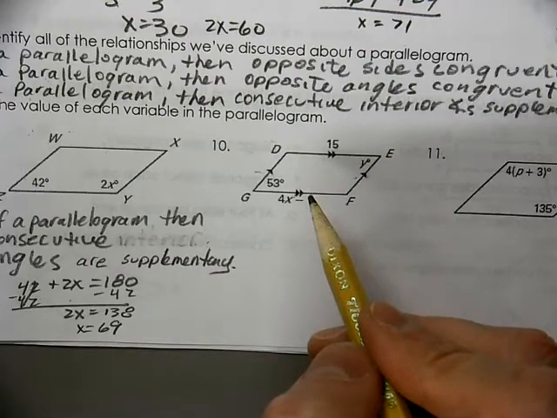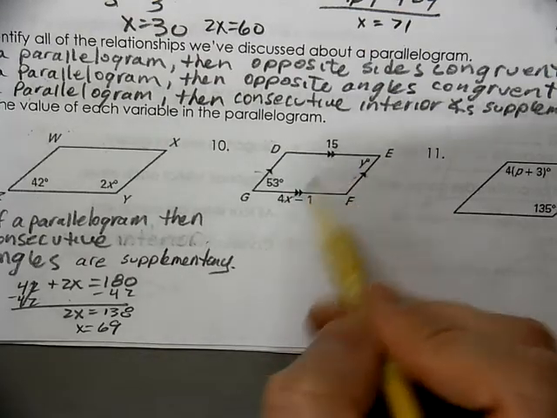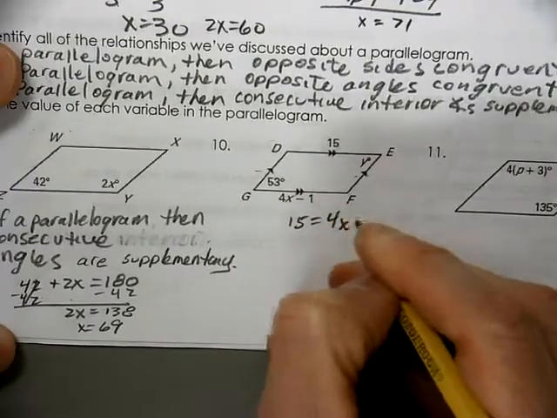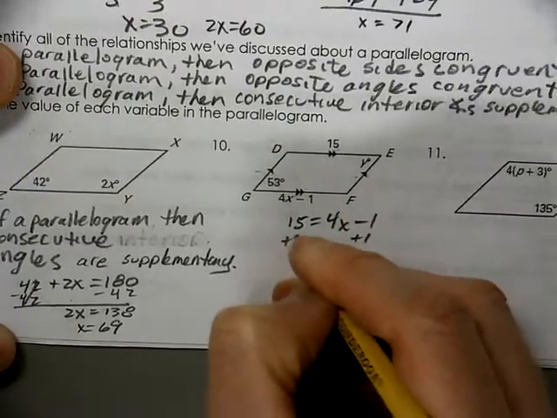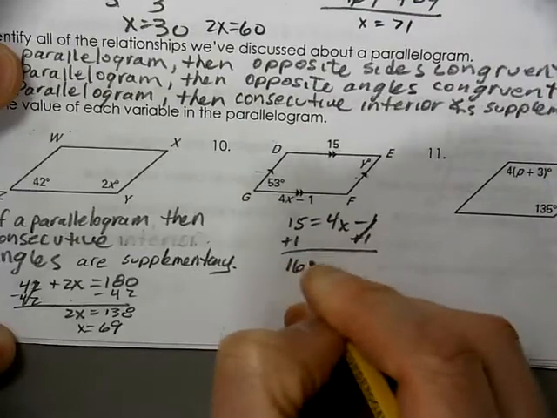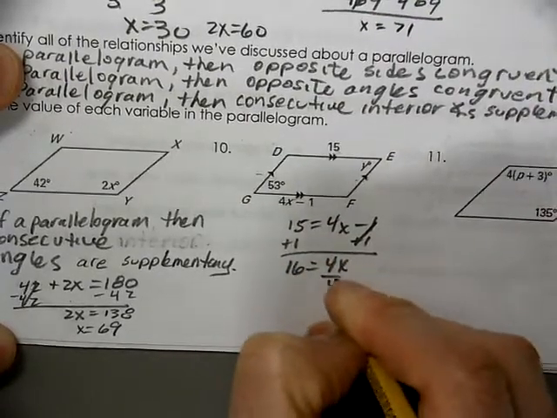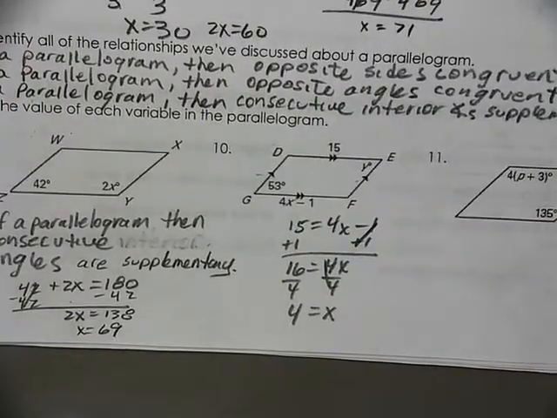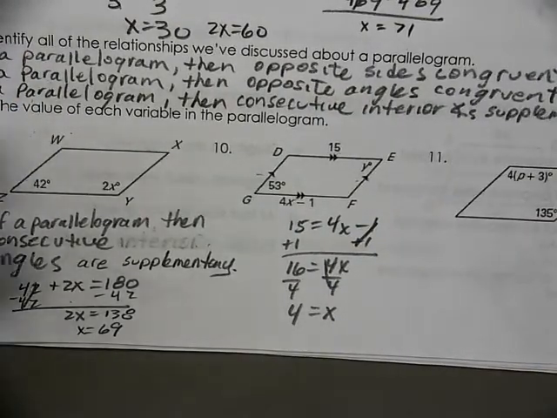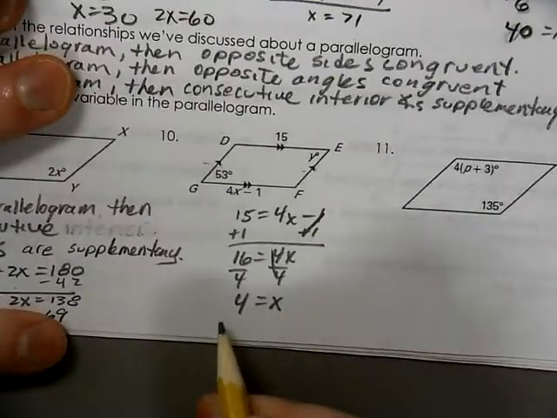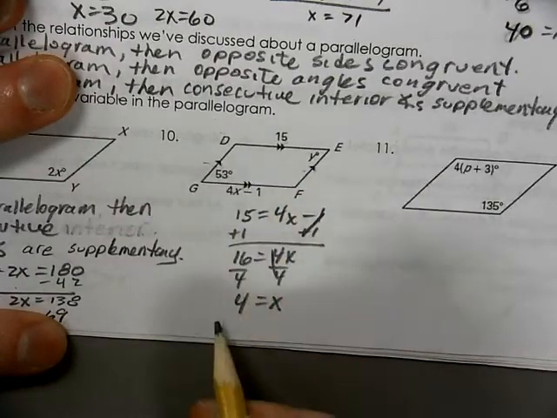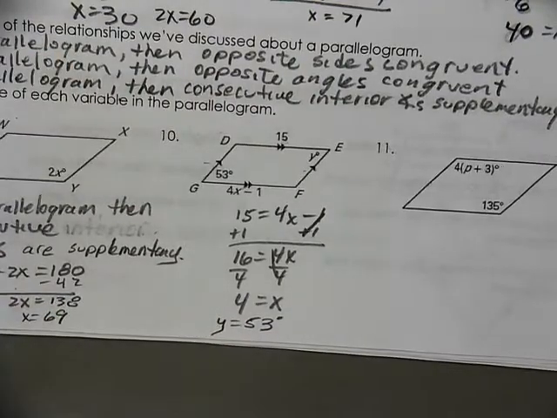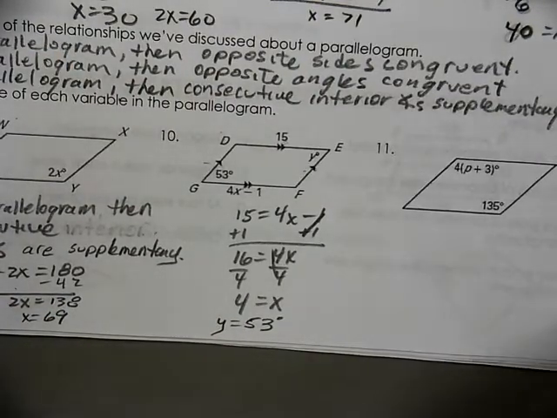If a parallelogram, then opposite sides are congruent. So in that case, x is going to be 4. And we know that opposite angles are congruent. So y has to be 53.